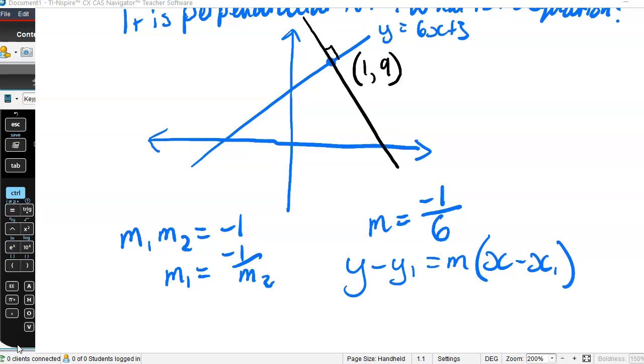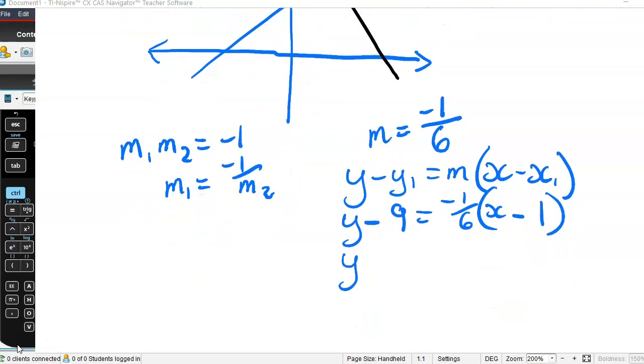So y minus 9 equals -1 on 6, x minus 1. Got the brackets, minus 1.